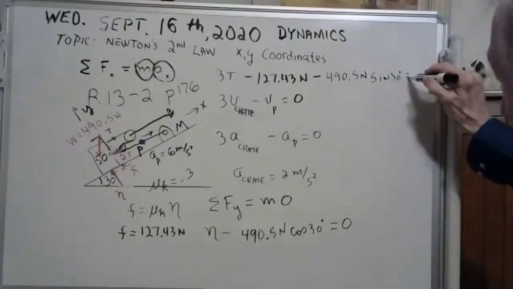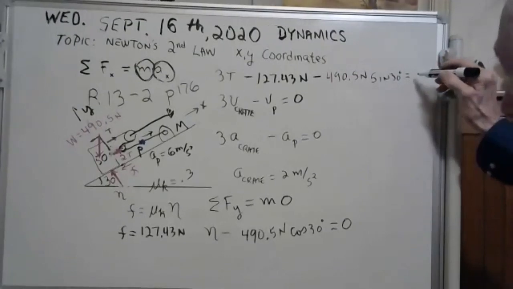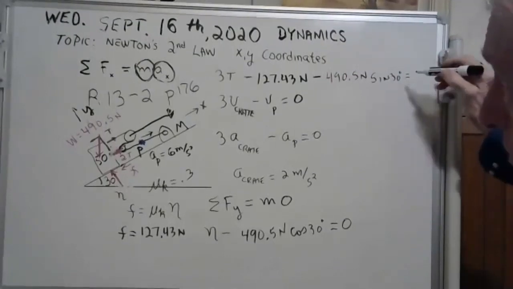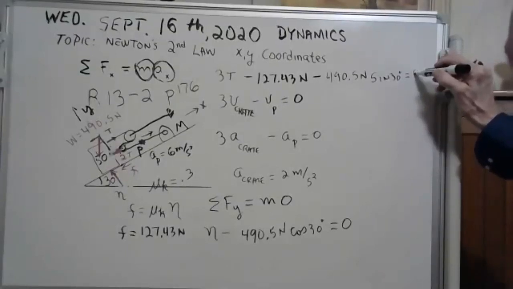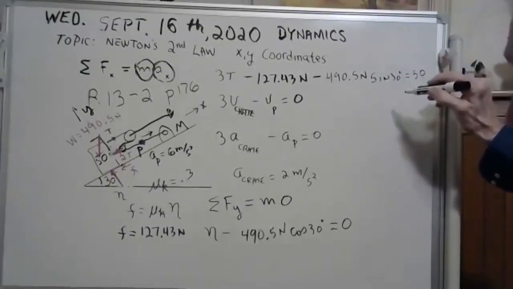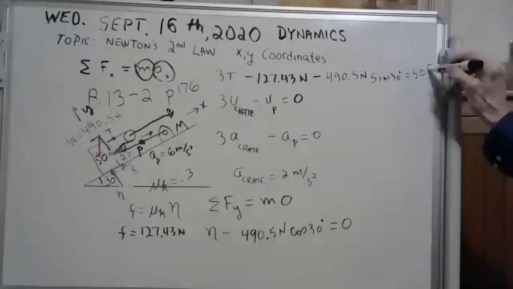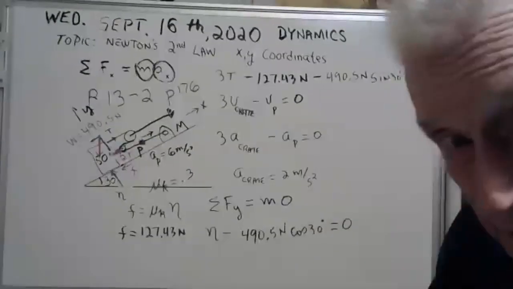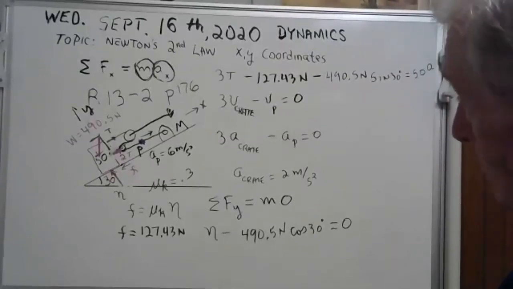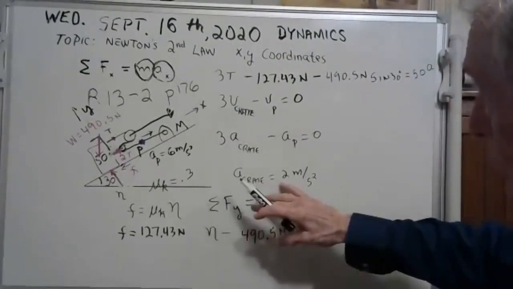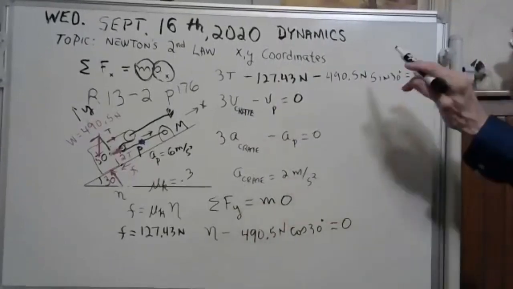And this, oh gee, I ran out of room here. But this is going to equal the mass, which is 50, times A. Can I squeeze that A in there? Yeah, maybe. The thing is, we got the A someplace. Oh, there it is. It's 2. Now look here.